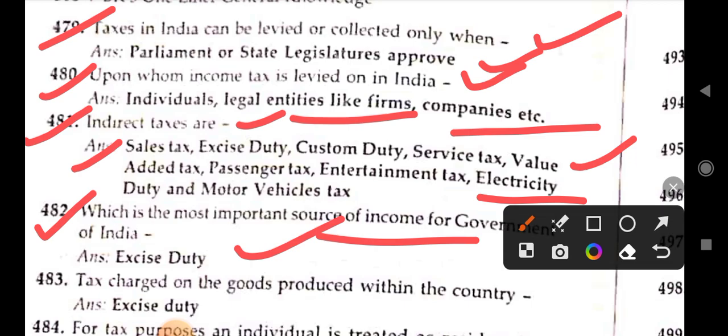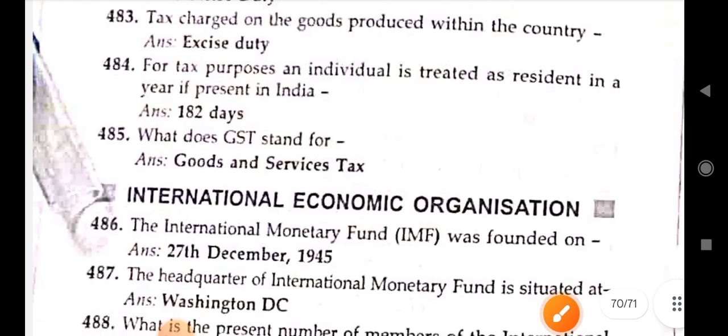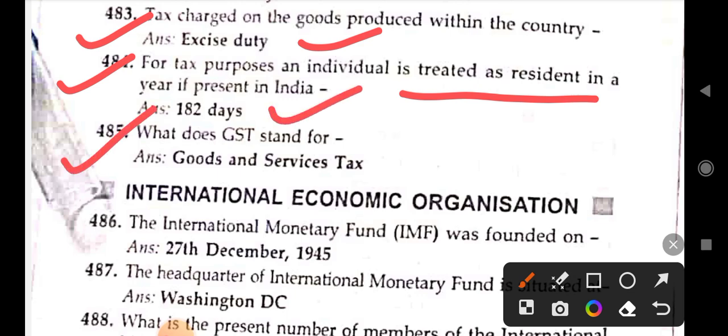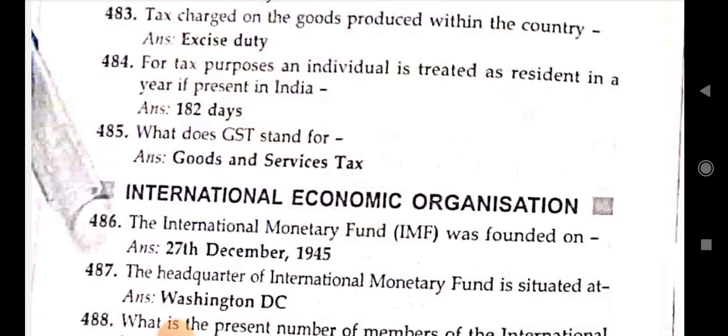Next, tax charged on goods produced within the country is excise duty. For tax purposes, an individual is treated as a resident in a year if present in India for 182 days. What does GST stand for? Goods and Services Tax.